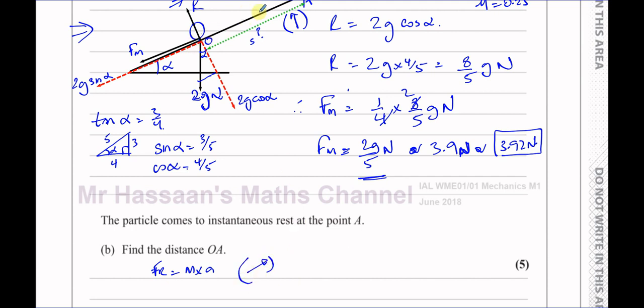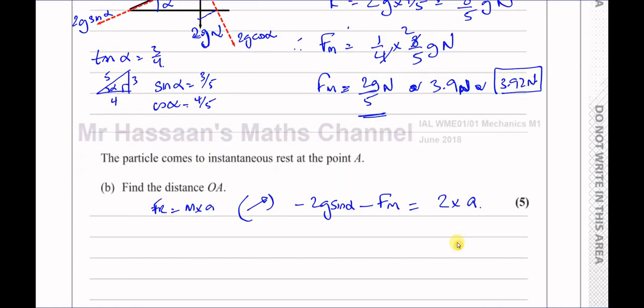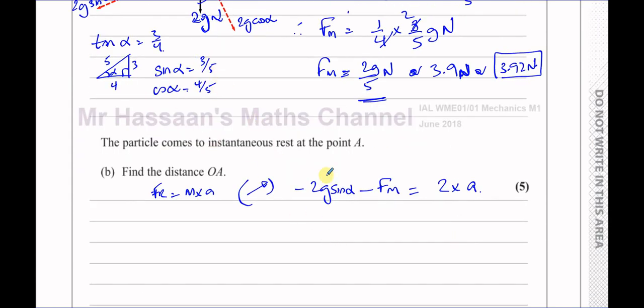There's no force acting upwards. The only forces are acting downwards, so it's minus 2g sine alpha minus F max, which we know already. And that's equal to its mass times acceleration, which is 2 times the acceleration A. That's what we need to find for us to proceed with this question. So I know that sine of alpha is 3/5.